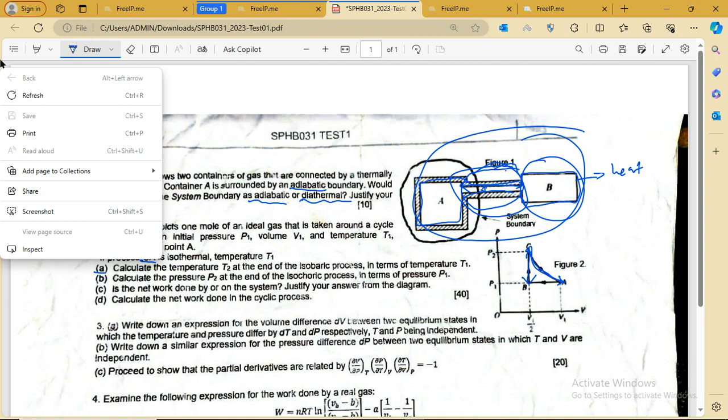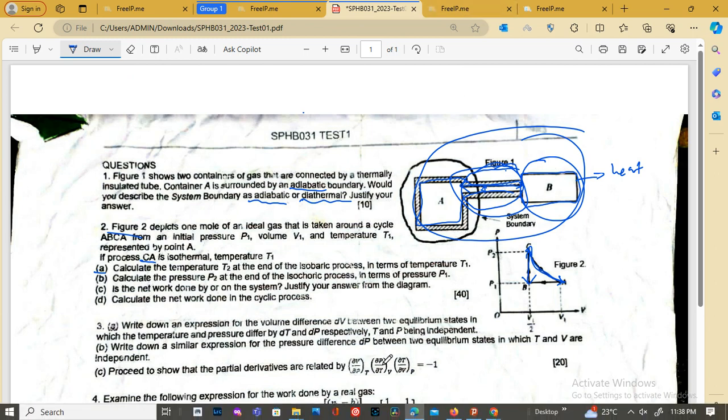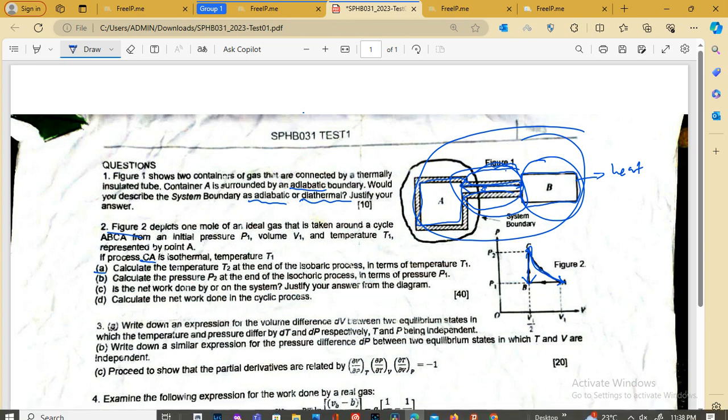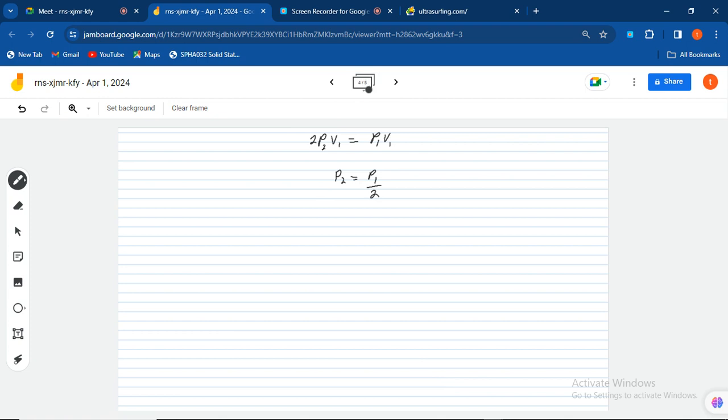It's done by the system. I will give you a justification. And still looking for it here. I can't find it. But the moment I get the justification, I will give it to you. So just write down that the work is done by the system. I mean, it's not done on the system, it's done by the system. I don't want to give you wrong answers.